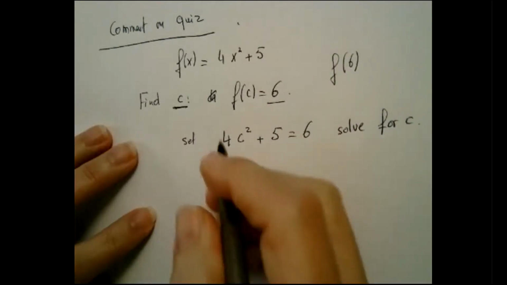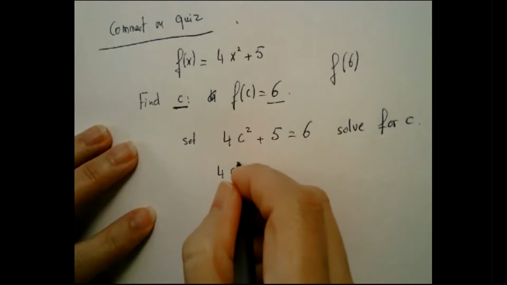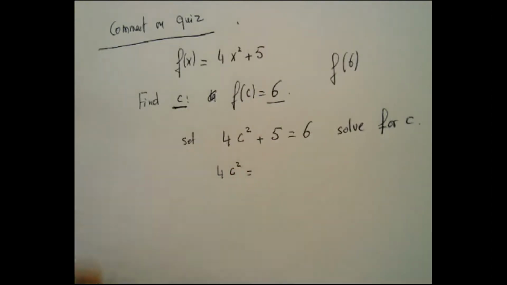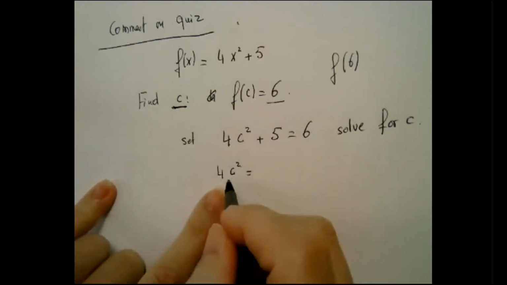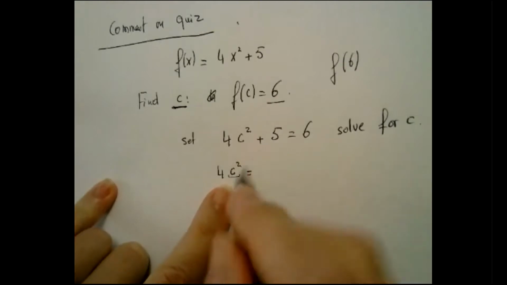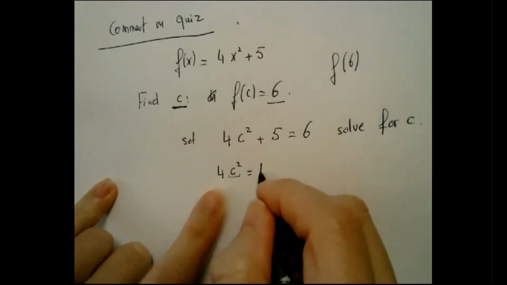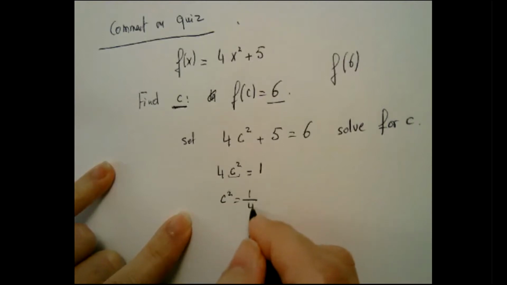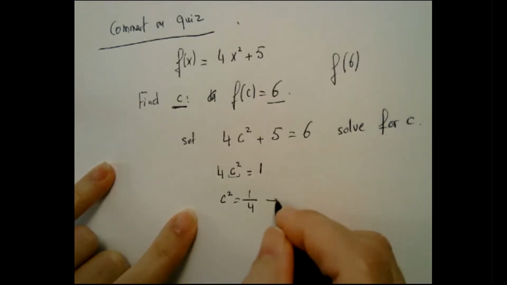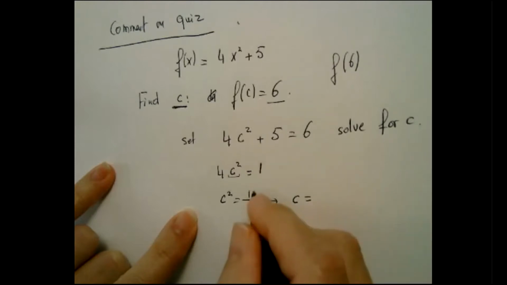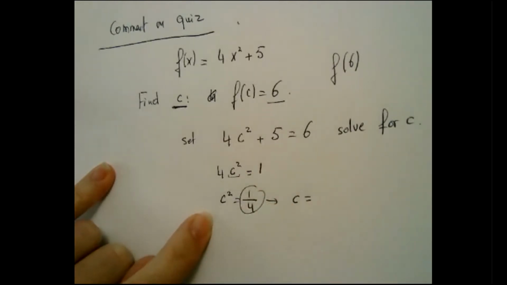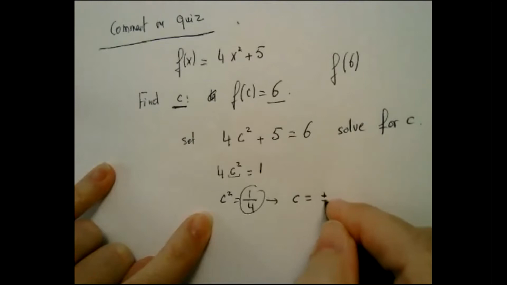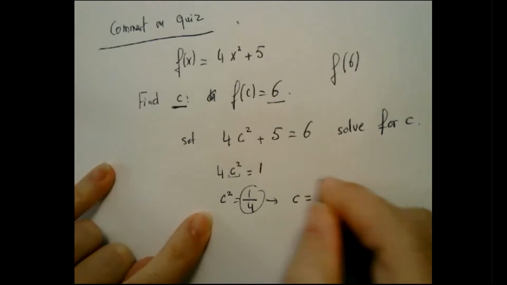So if we do that, we will get 4c squared equals 1. So the easiest way to solve this problem is basically to isolate c squared. Hence, c squared is 1 over 4. And it means there are 2 values. When you square them, you get 1/4. It's the plus and the minus a half.